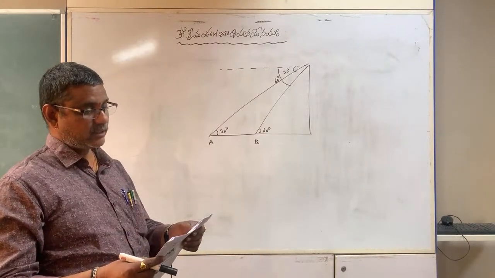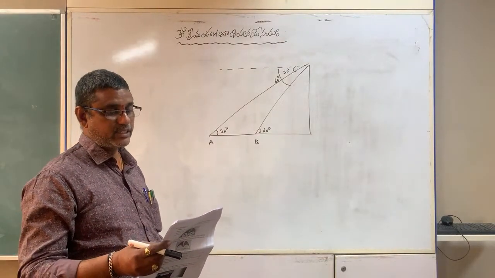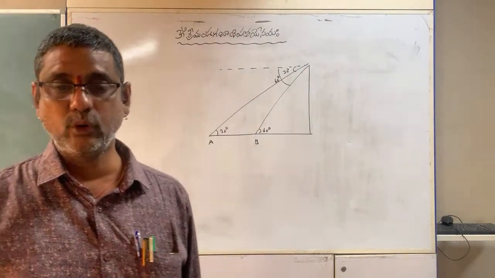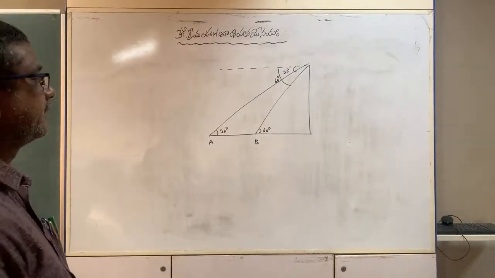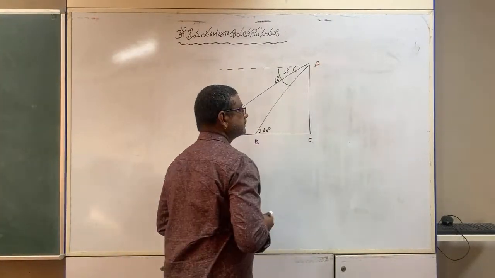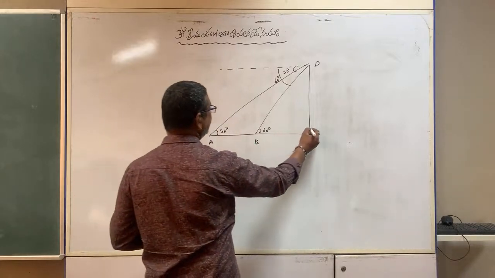So what is the first question? Find the time taken by the boat to reach the shore. A, B, C, D. 90 degrees.